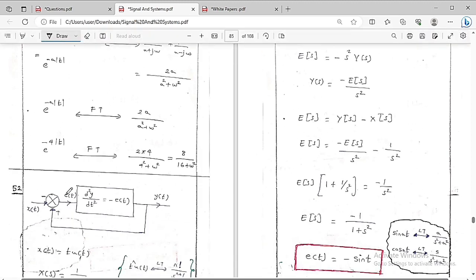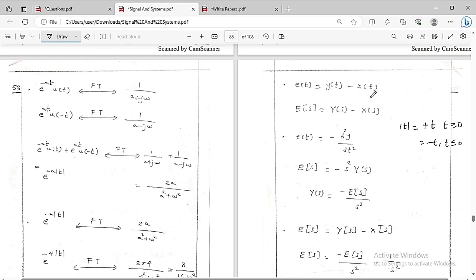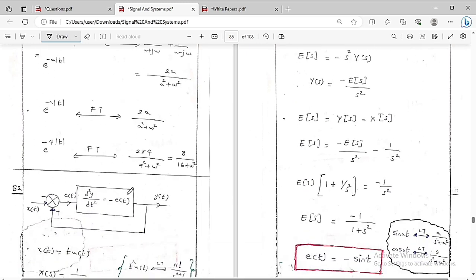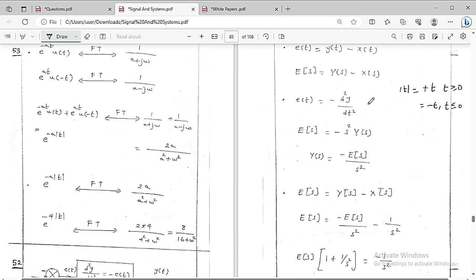Then what is e of t? I have already told you, it is y of t minus x of t. So applying the Laplace transform on both sides, we get E of s is equal to y of s minus x of s. And also, the differential equation is d square y by dt square is equal to minus e of t. Or we can say e of t is equal to minus d square y by dt square.